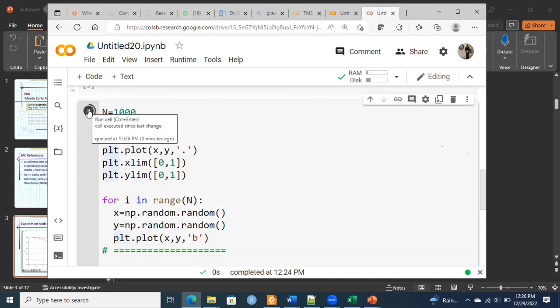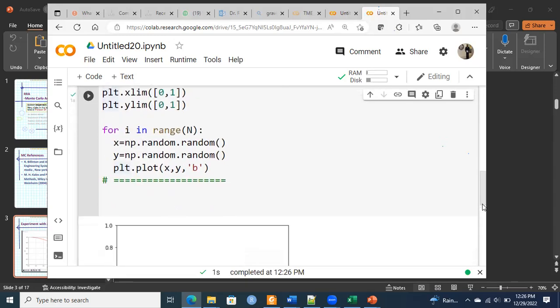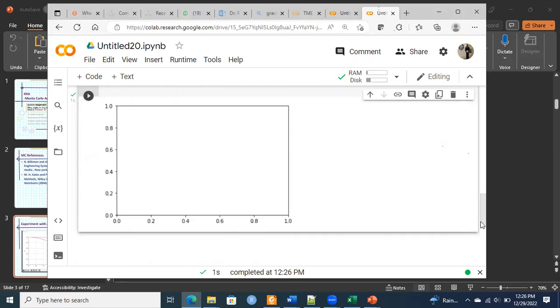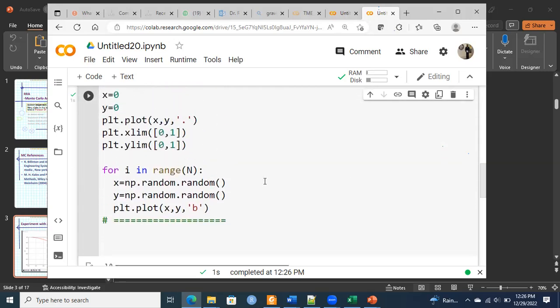1,000 points will be plotted, and let's see. Oh, the plot is not there. X limit, Y limit. Oh, I have not provided any attribute. So, blue circles.